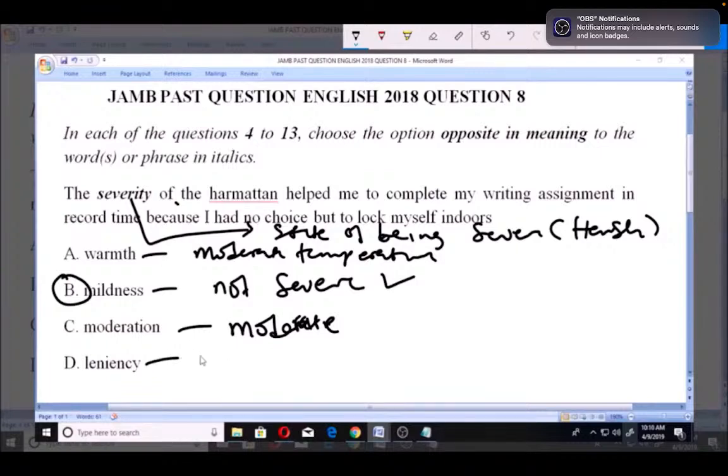Leniency is also something that is not harsh. But in the context of harmattan, you have to pick something that will comfortably take the content of the other words around, and that is mildness. And that's why mildness is the right option for this.